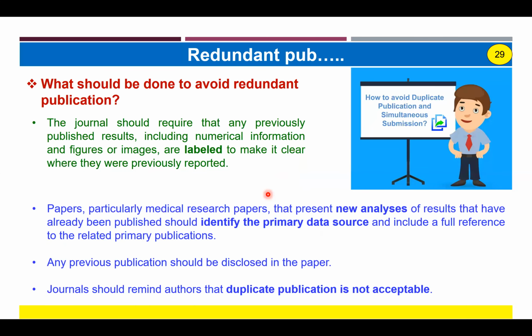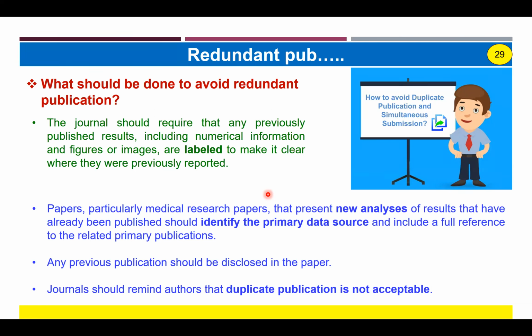So what should be done if someone wants to avoid redundant publication? A few things have to be kept in mind and practiced. First, redundant publication also involves the journal side, the journal or publisher.